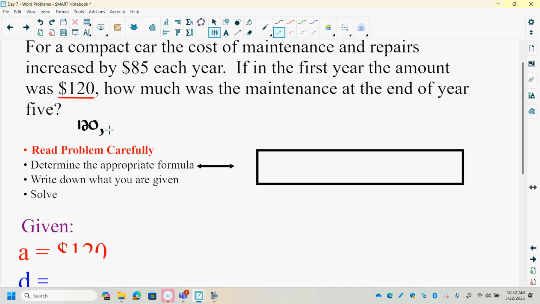What would it be in year 2? 205. What would it be in year 3? 290. In year 4? 375. And then what would it be in year 5?